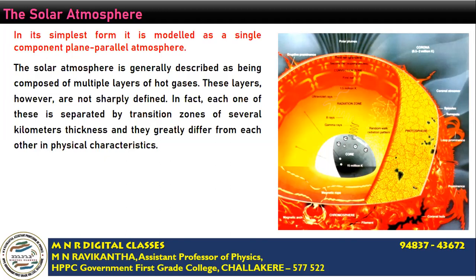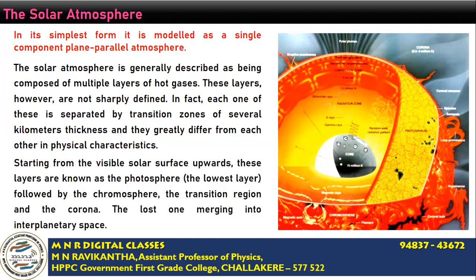These layers, however, are not sharply defined. In fact, each one of these is separated by a transition zone of several kilometers thickness, and they greatly differ from each other in physical characteristics. We divide the atmosphere of the Sun into different layers of hot gases, starting from the visible solar surface upwards, that is the optical disk of the Sun.